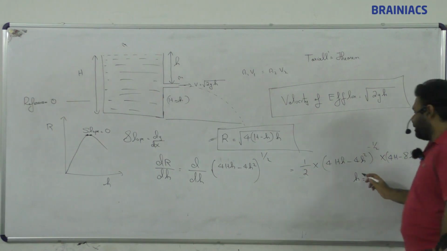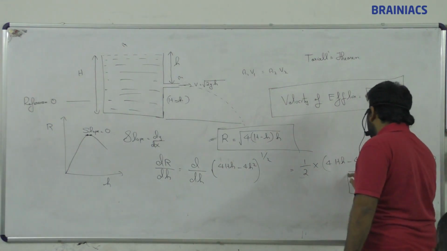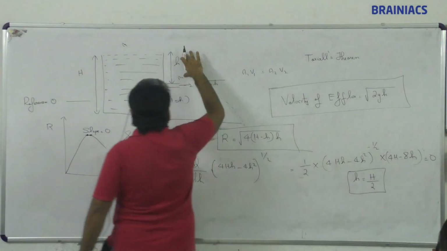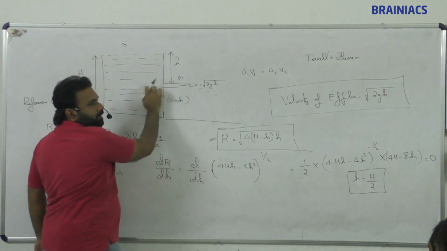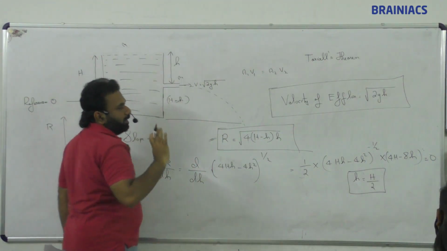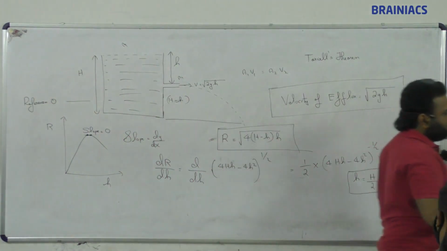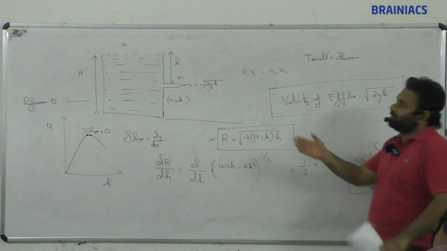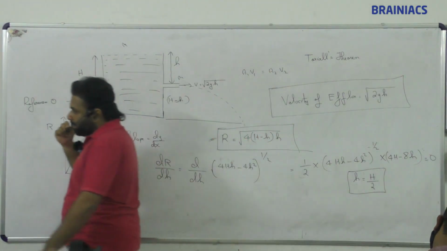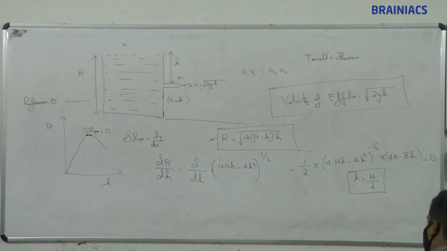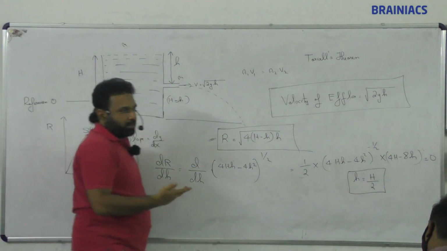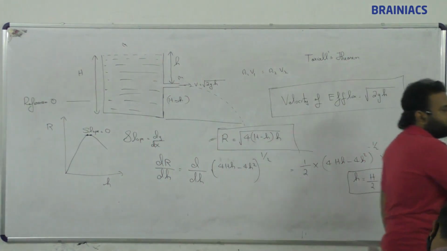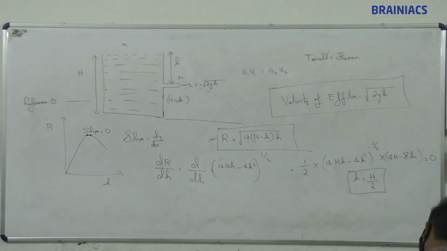So range will be maximum for h exactly in the middle of the total height. So this is the detail about the speed of efflux. Speed of efflux is nothing but root 2gh, the range is root of 4 into h into (H minus h), and we get maximum range at height equal to total height divided by 2.